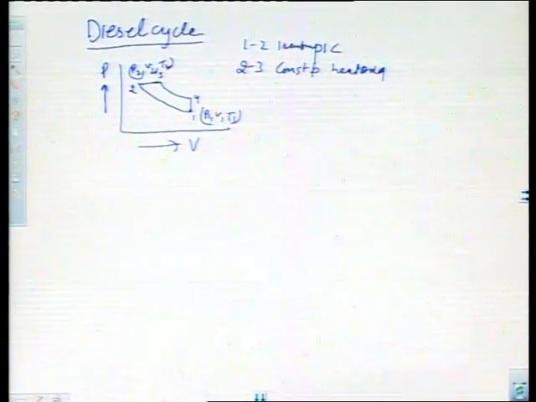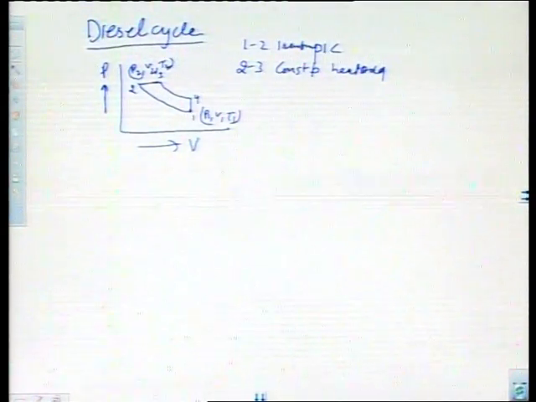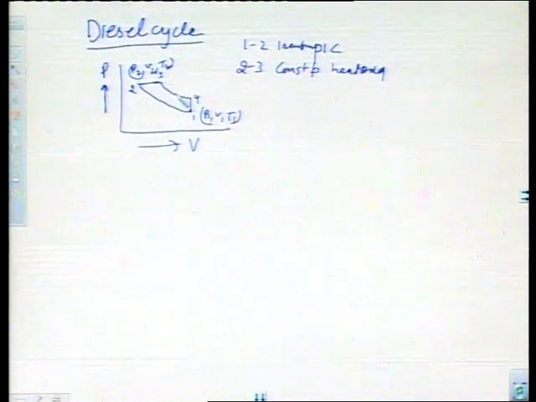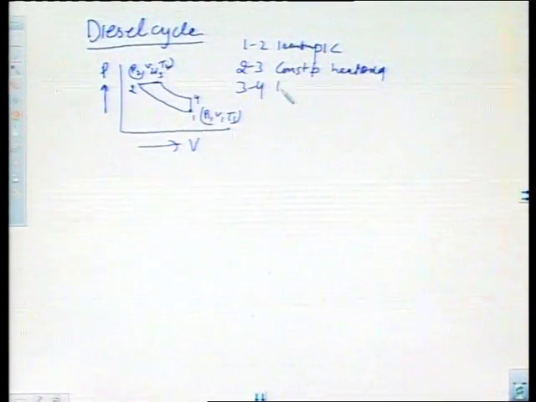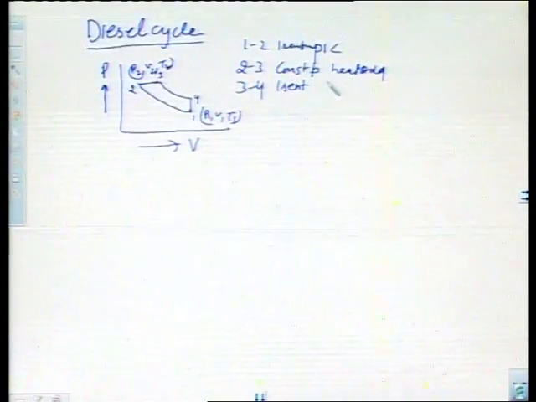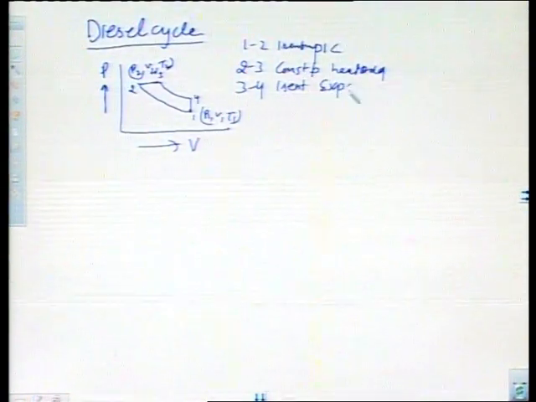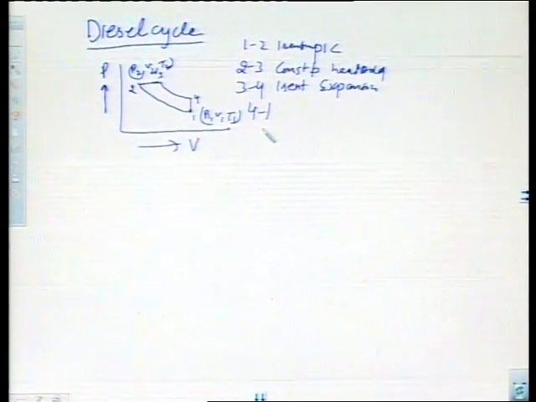When the heat is added, then expansion takes place. The gas expands in the cylinder. What will happen from 3 to 4? Expansion takes place. So, 3-4 is an isentropic or reversible adiabatic expansion process, and from 4 to 1 the cycle is completed.